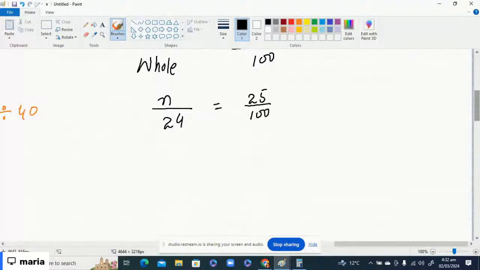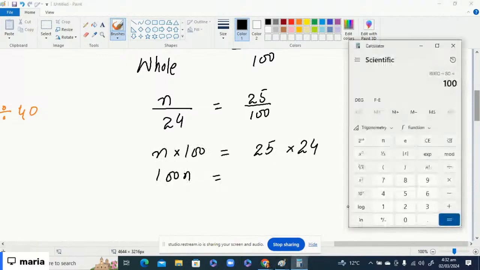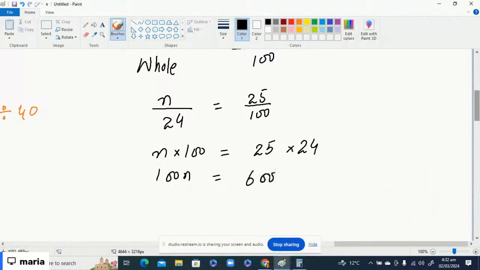Anyone cross multiply and then tell me the answer? No? Okay, let's do it. n times 100, which is equals to 25 times 24. So here it becomes 100n, and what becomes here, which is 25 times 24. That is 600.